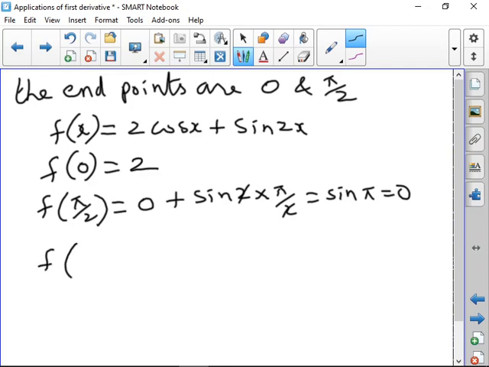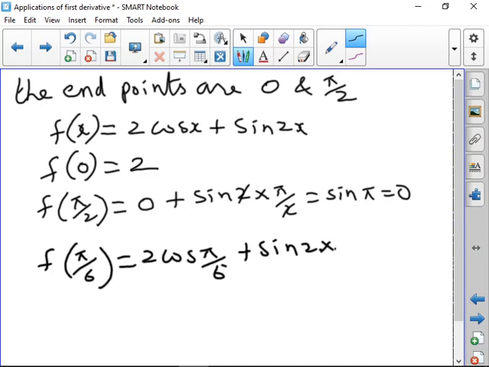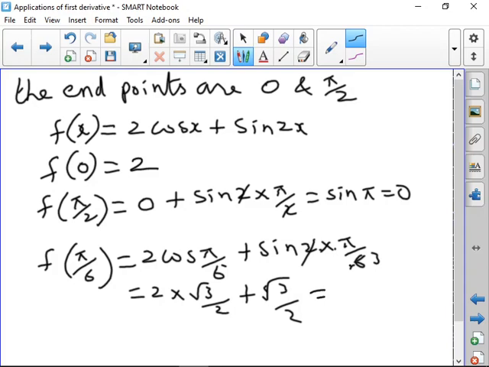Then f of pi by 6. It is equal to 2 cos pi by 6 plus sin 2 into pi by 6. So it gives you 2 into cos 30. Cos 30 is root 3 by 2 plus sin 60. Sin 60 is what? Again root 3 by 2. So 2 will get cancel. The LCM is 2.